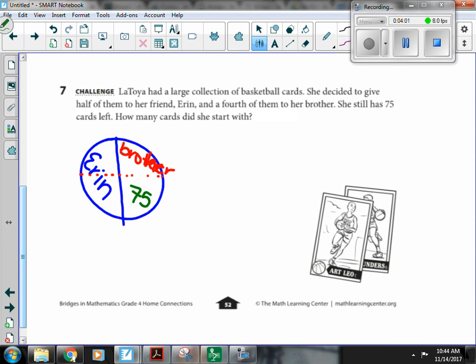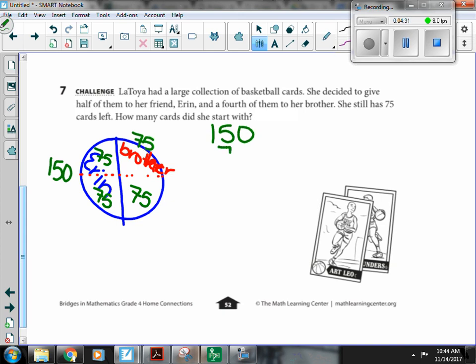So I see that if she has 75, then she also has 1/4 of her cards, which means her brother had to have 75. And I noticed that when I drew my dotted line to show my 4ths, it cut Erin's right in half. So this top part of Erin's would have been 75, and this bottom part of Erin's would have been 75. So Erin, in total, had 150.